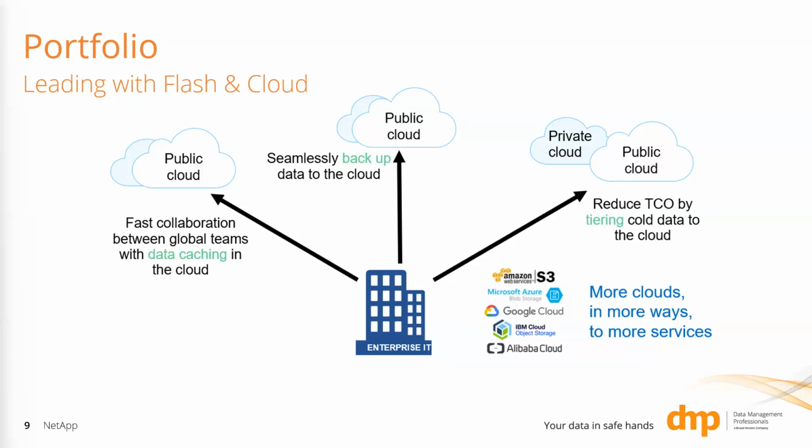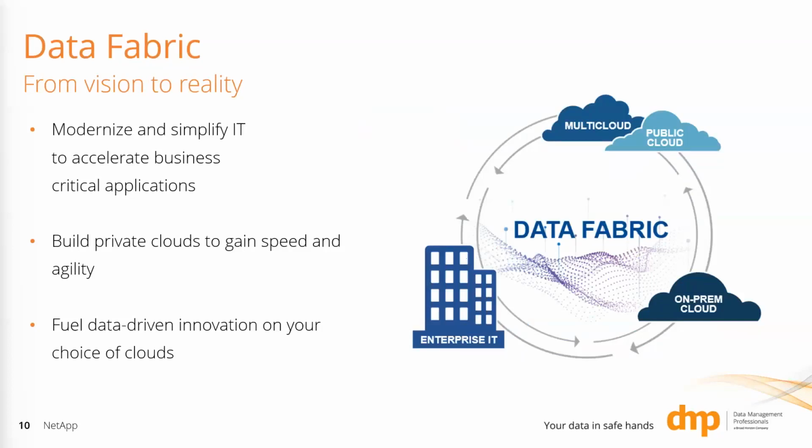And in that way, you are using the cloud, which you maybe haven't foreseen, and NetApp enables that. And with that portfolio, there's quite a lot of software and hardware around to enable that. And that's all done by the NetApp Data Fabric.